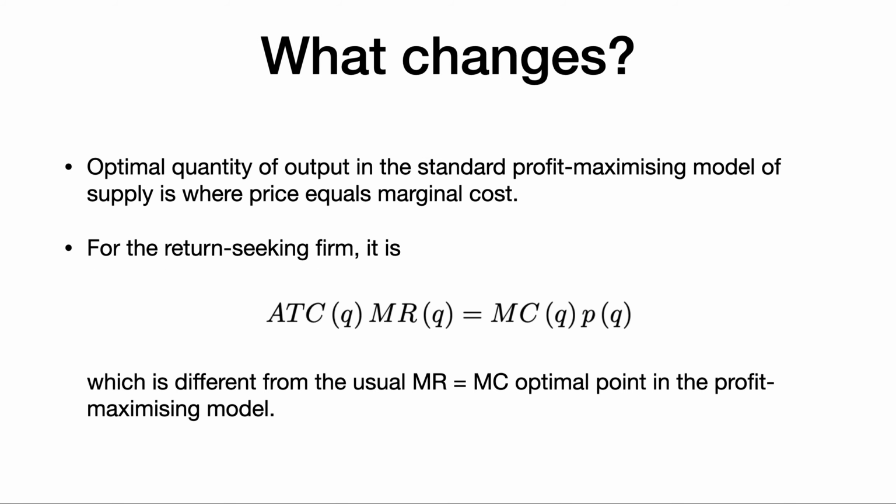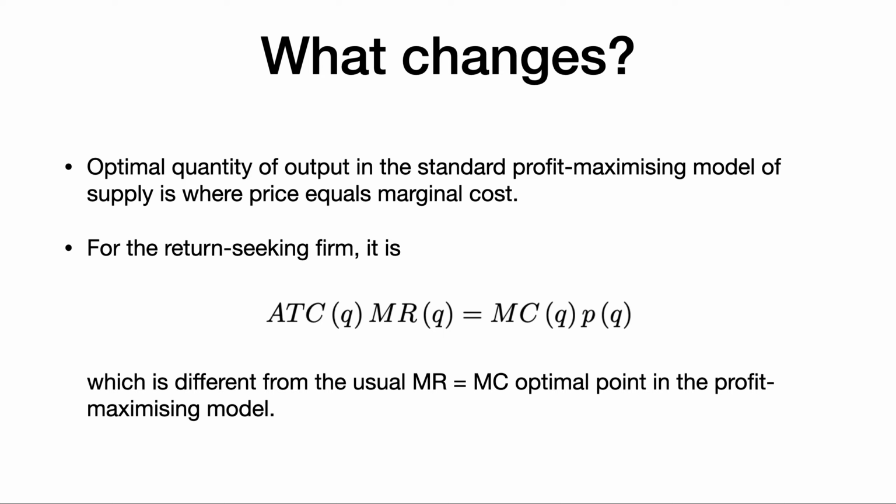So I would refer you to the paper to work through all the results, but I'm going to summarize here what changing that assumption does to our understanding of firm behavior, or the firm supply curves or market supply curves. And in this case, typically the profit maximizing firm produces where the marginal revenue equals the marginal cost, right? So the last unit of output, the extra revenue from getting it, equals the cost of that final unit of output.